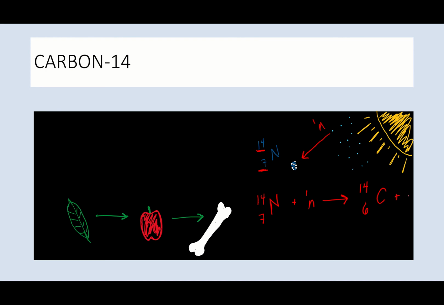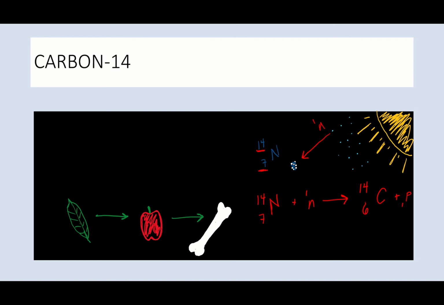And then it's also going to emit that proton, which is actually just a hydrogen ion. Now, this process is happening at a known rate inside of the atmosphere. This means that not all carbon inside the atmosphere obviously is this radioactive isotope, but just some of it.